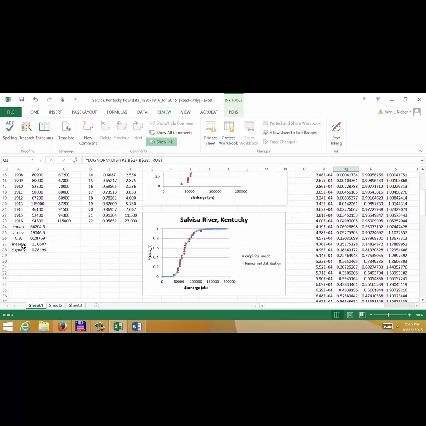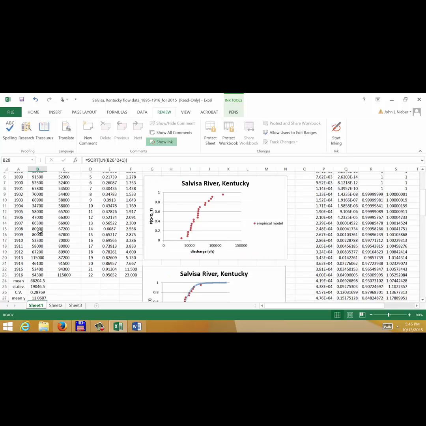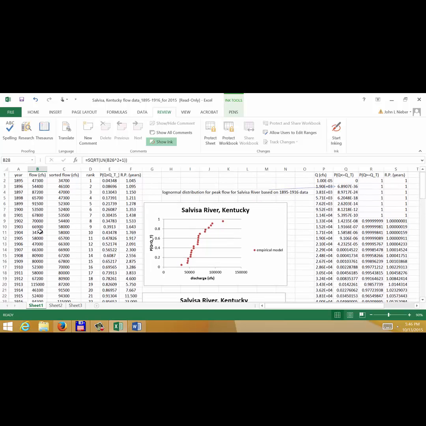So in column B, row 27 and row 28, we had the mean and the standard deviation of the logarithms of the values of Q. Those are the two values that are used in each of these rows of column Q. We just substitute those in, and we can see that as the discharge increases, the probability that Q will be less than the value of Q given in column P increases.